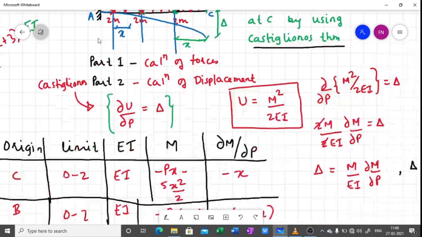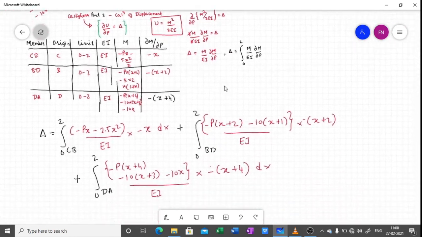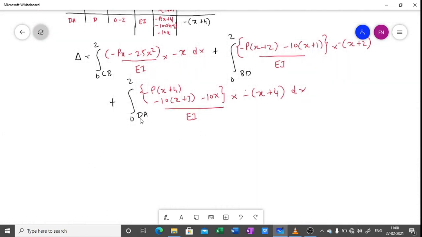So now what we have to do, we have to put P equal to 0 in the equation, and again we need to simplify it. Putting P equal to 0 because P does not exist.